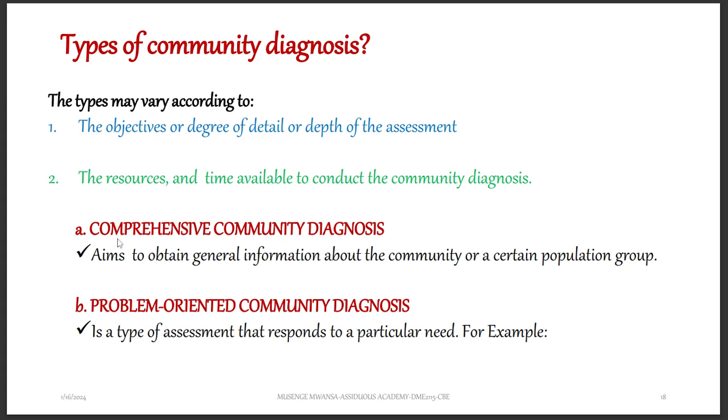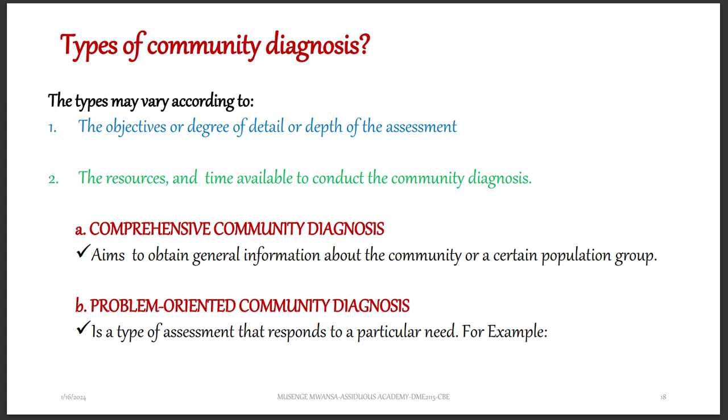So looking at these two ways, community diagnosis can be comprehensive. Comprehensive aims to obtain general information about the community or a certain population group. That is comprehensive, just general. Now, the other type is problem oriented community diagnosis.